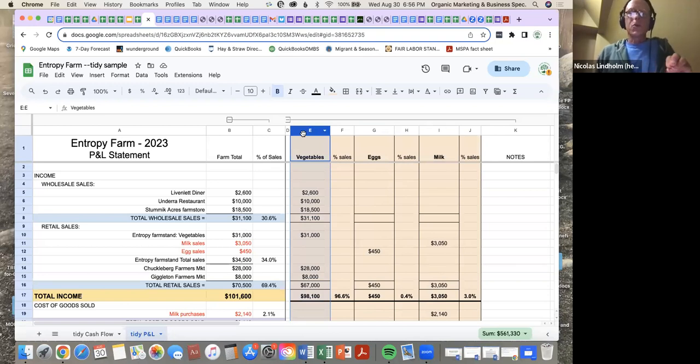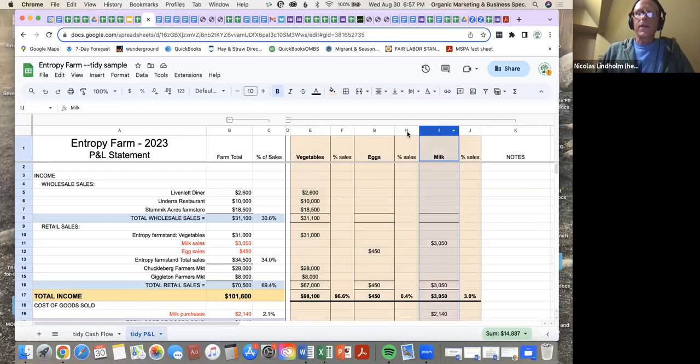So in QuickBooks, you could think of classes as enterprise. And by enterprise, I mean a major category of crop or farm product. So vegetables would be an enterprise separate from eggs, or if you raise pork, or if you have flowers, those are probably good to keep as a separate enterprise from vegetables. And so this farm seemed to have vegetables, eggs, and milk as their enterprises.